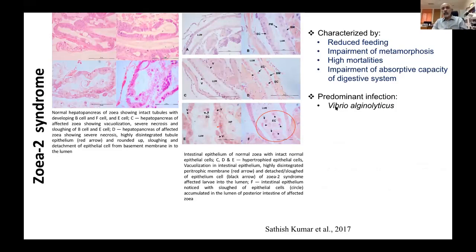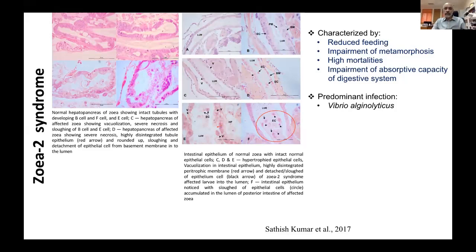You can also see the predominant pathogen is Vibrio alginolyticus. But the problem here is that you cannot satisfy Koch's postulates. Suppose you infect a normal animal with Vibrio alginolyticus, you may not get Soya syndrome. Similarly, if you infect a normal growing animal with EHP, it may not lead to slow or retarded growth.